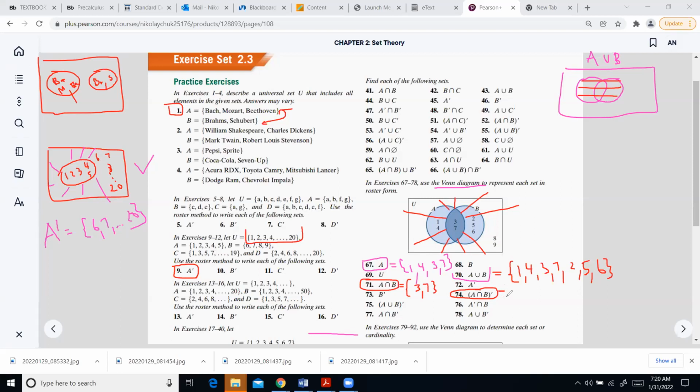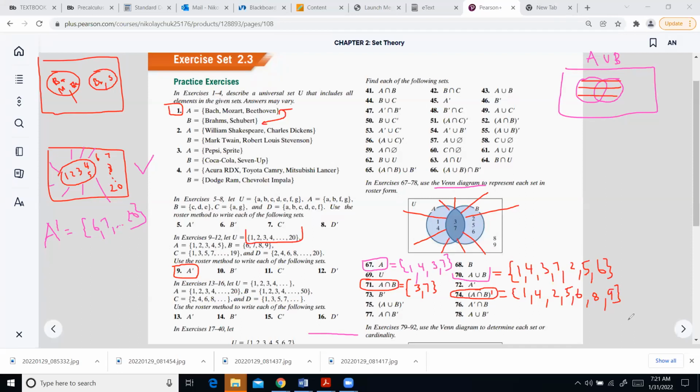And this complement, this little prime here, right? We're going to produce from placing 1, 4 in it from set A, also 2, 5, and 6 from the set B, but that's not it, because there will be more things such as element 8 and element 9 as well. So we're going to have so many elements in a complement of that intersection of sets A with B, the complement.